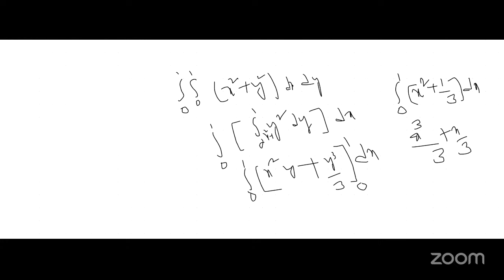Apply the limits 0 to 1: 1 by 3 plus 1 by 3, minus 0 and minus 0, that equals 2 by 3.